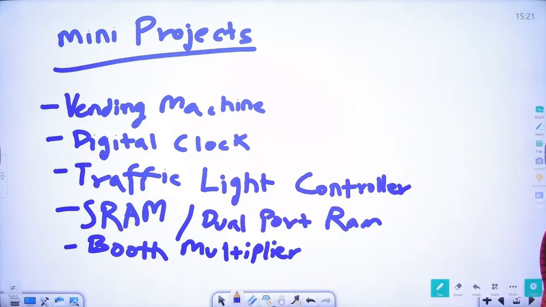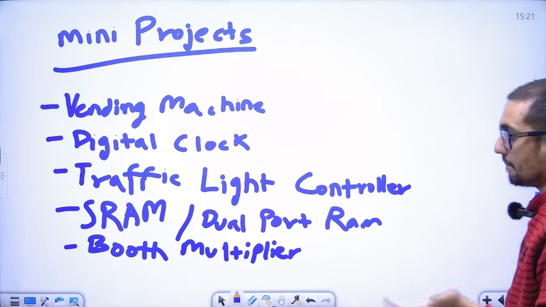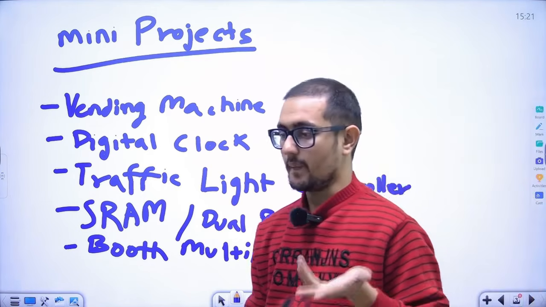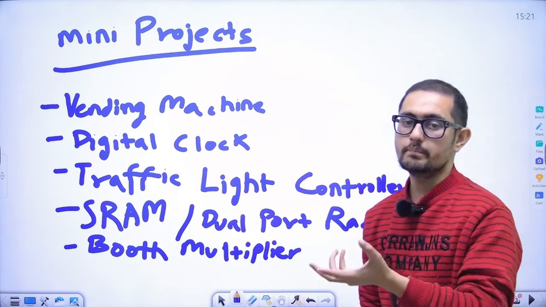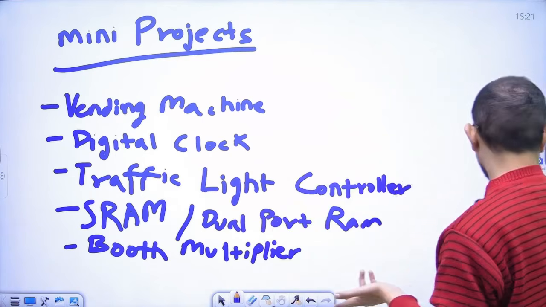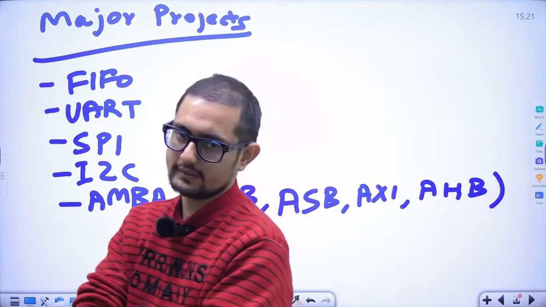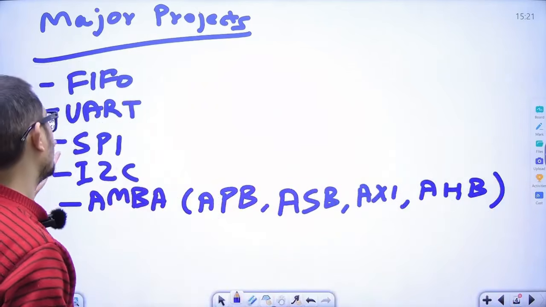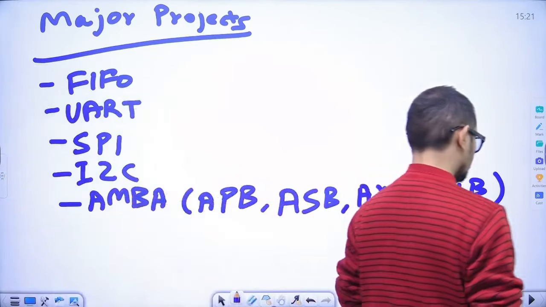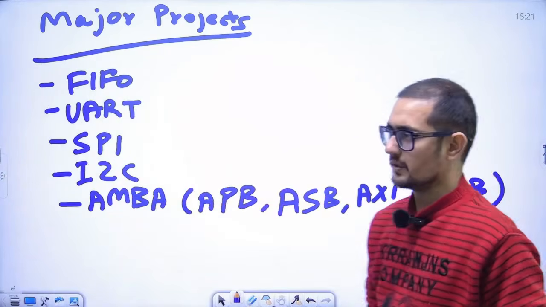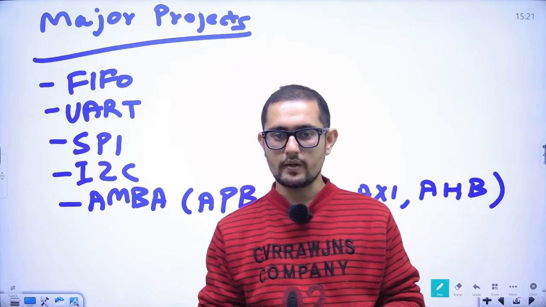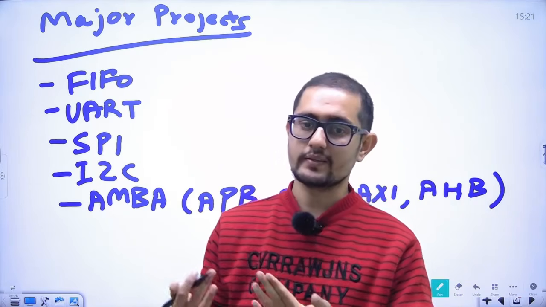If we talk about the major projects, these are what companies majorly focus on. Companies give preference to bigger projects like SoC level projects, or protocol based projects. In major projects, the design part you can learn using Verilog, but if you want to verify, you have to learn SystemVerilog and UVM also.